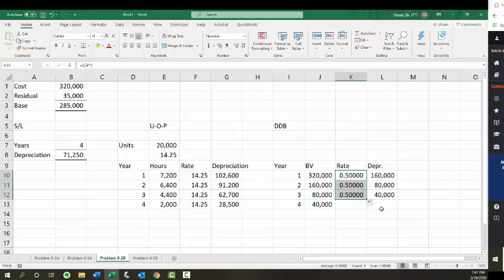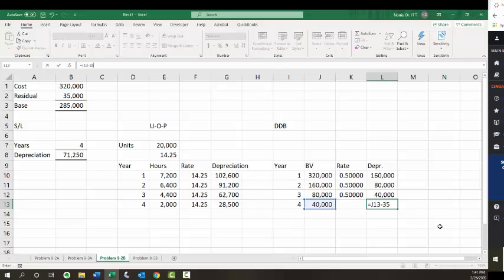So 50% of the 320 is 160, leaving us with 160. 50% of that is 80, leaving us with a beginning book value of 80. 50% of that is 40, and 40,000 minus the 35,000 residual. Actually, I could just click that up here rather than typing it. That gives us $5,000 for the year 4 depreciation. Okay.